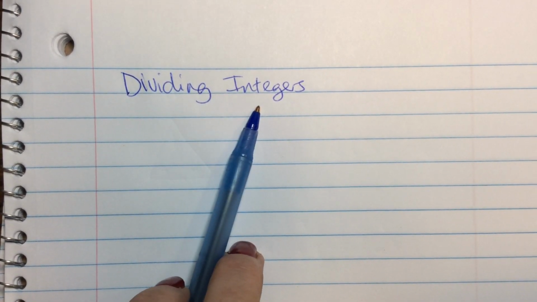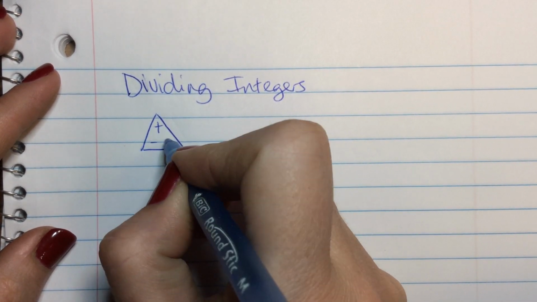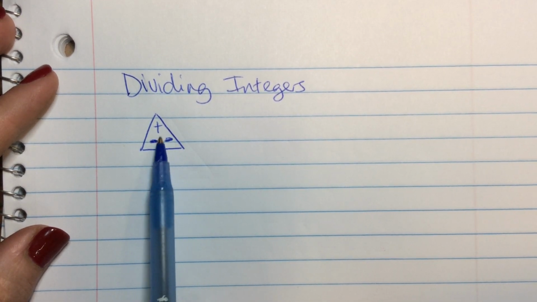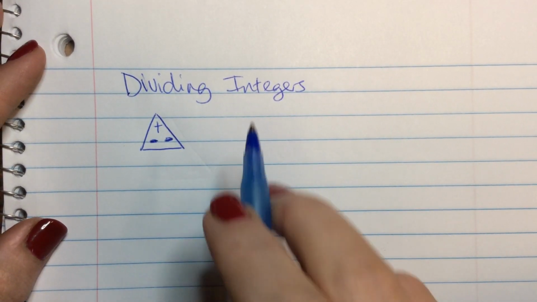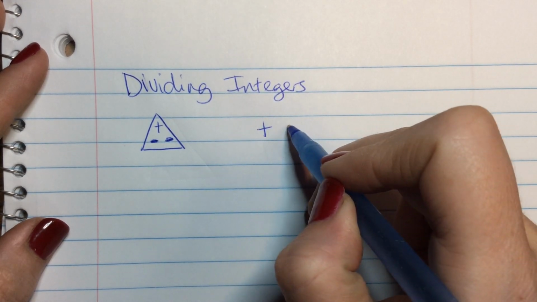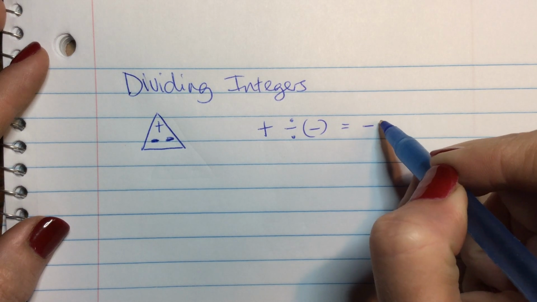When you're dividing integers, you use the triangle just like when you were multiplying integers. So we got two negatives and a positive. When you have one of each, it's going to be a negative answer.